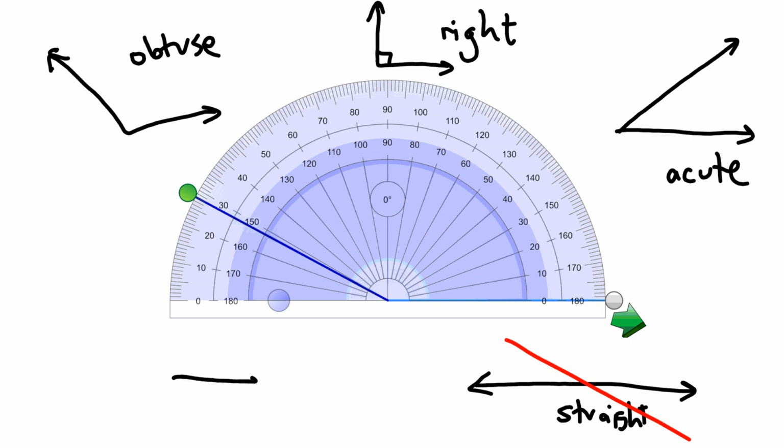Your textbook also refers to something called a reflex angle, an angle that's greater than 180 degrees. I don't worry about that. Those don't bother me. I don't really talk about them because geometers don't talk about them, and that's okay.